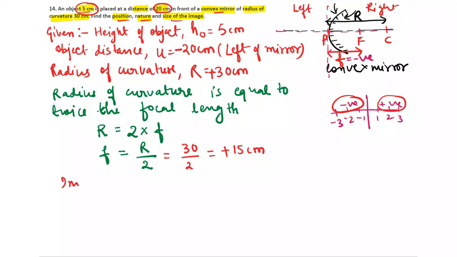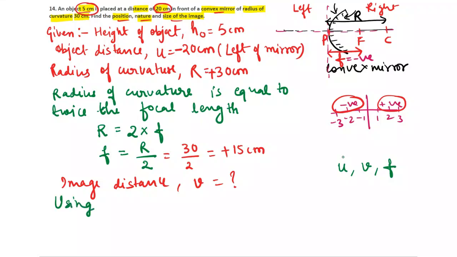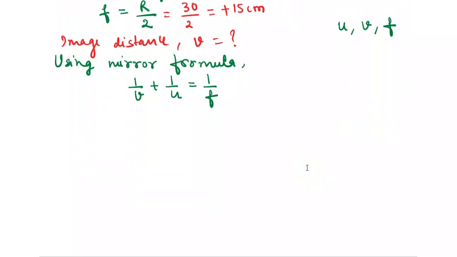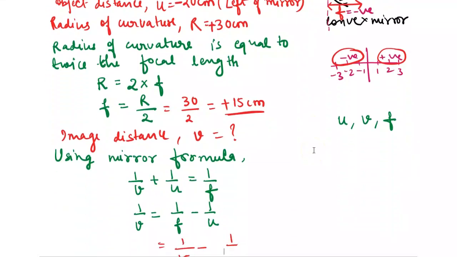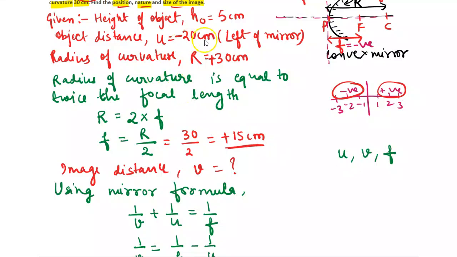First we need to find the image distance, denoted by V. As we have the relation between U, V and F, using the mirror formula, 1 upon V plus 1 upon U is equal to 1 upon F. Now we need to rearrange this for V. So 1 upon V will be equal to 1 upon F minus 1 upon U. Now substituting the values: 1 upon F, the value of F is 15, minus 1 upon U, the value of U is 20 centimeter.